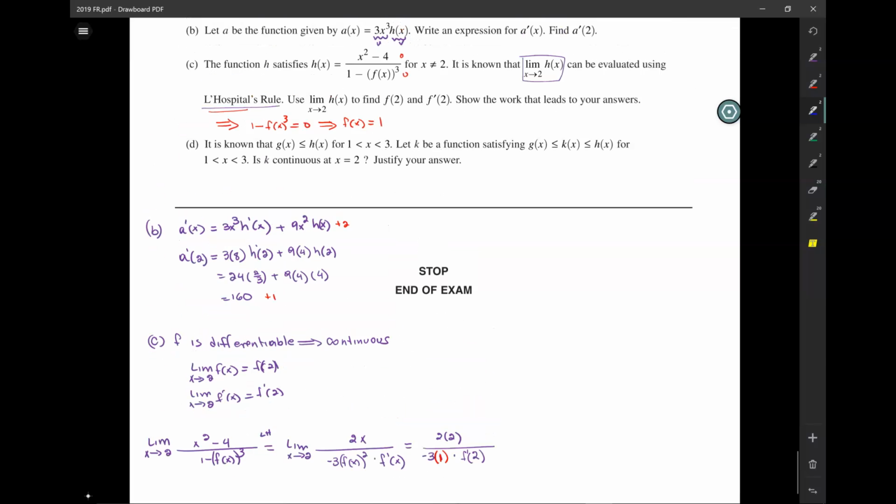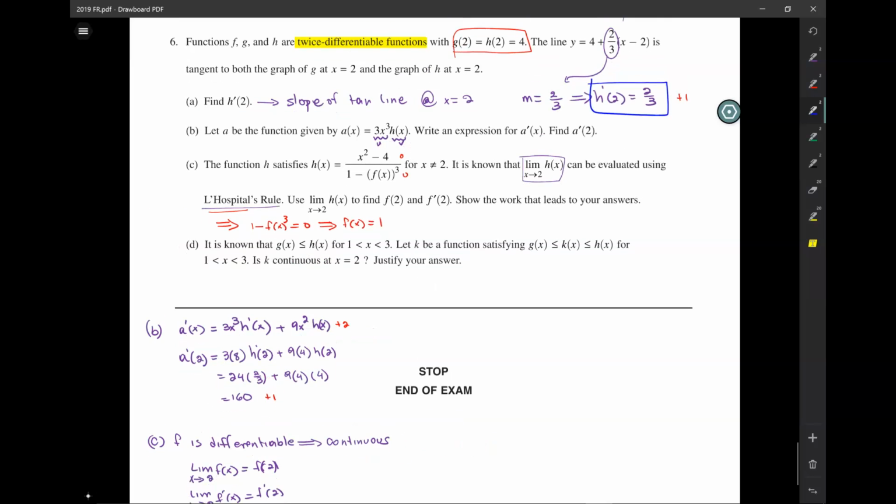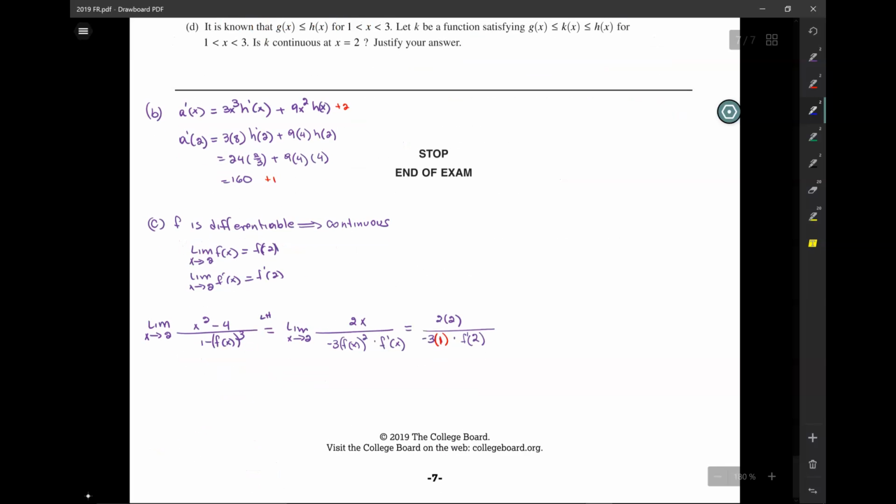Remember how all of these were twice differentiable? Which means the value of the limit is equal to h of whatever. So, if this is h of x, the limit as x approaches 2 of h of x is equal to h of 2. But what is h of 2? It's 4. So all this is equal to 4.